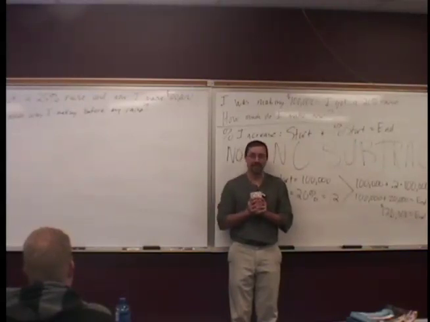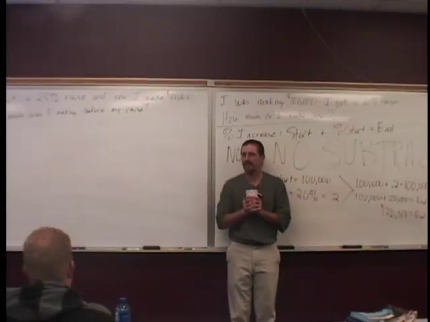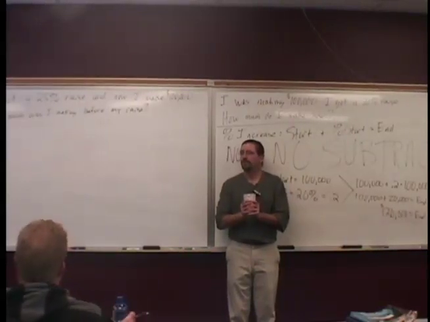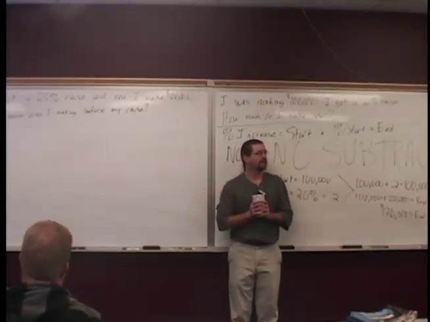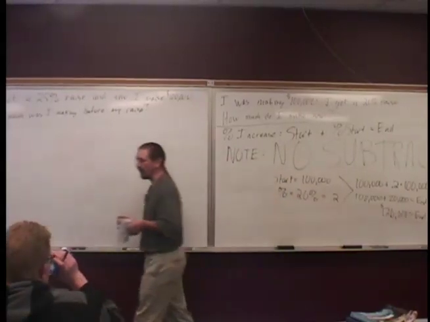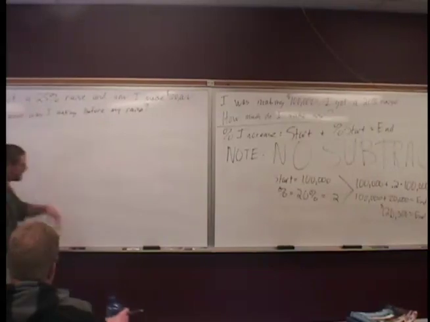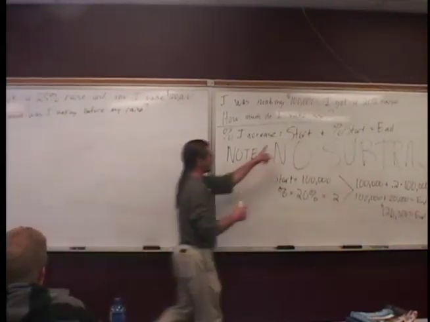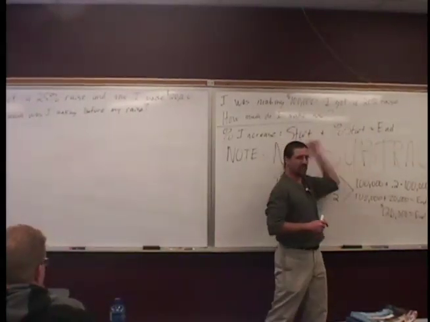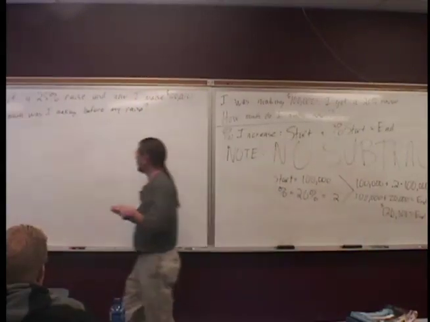I can't prove it because they don't videotape those classes like I do with mine, but you cannot subtract when you have a percentage increase problem. So when you see that this is a percentage increase problem, your formula is always this. There is no subtraction in it whatsoever.